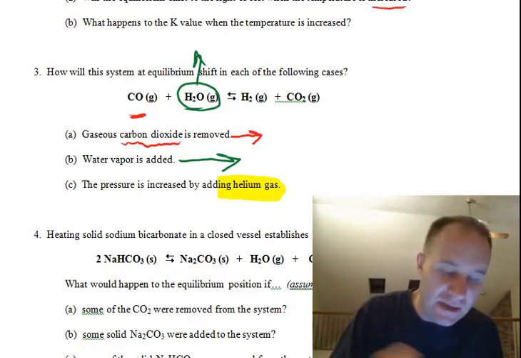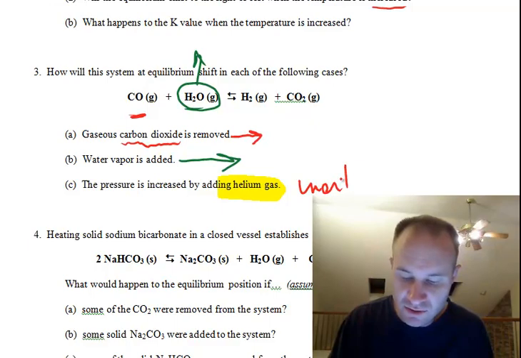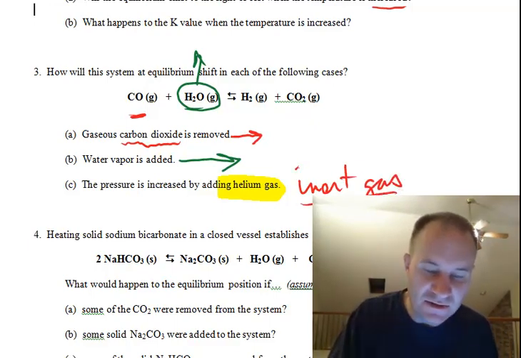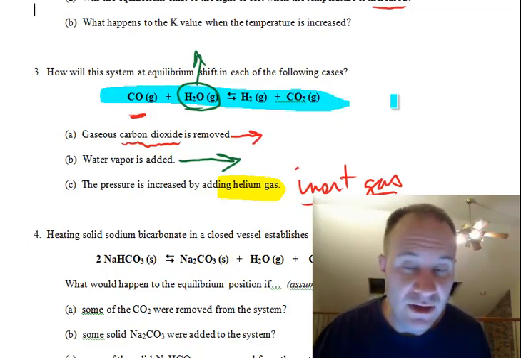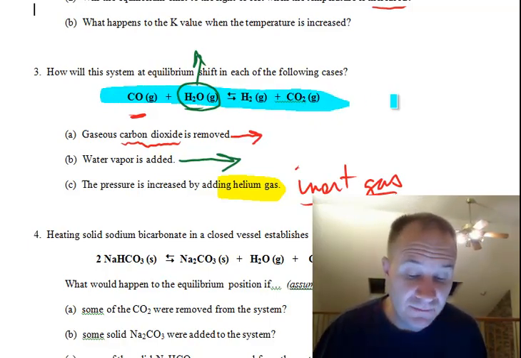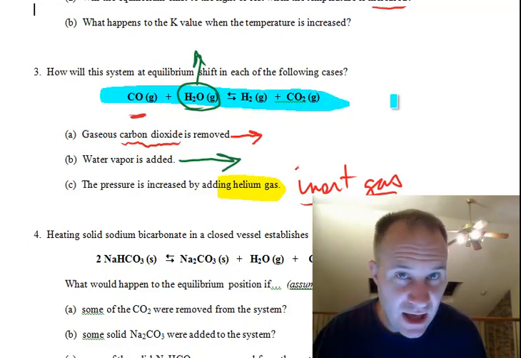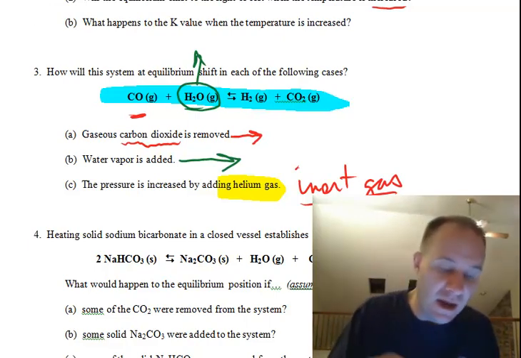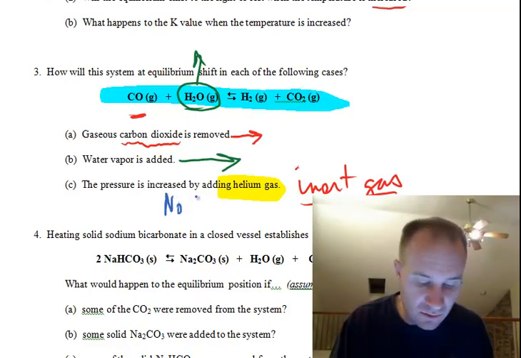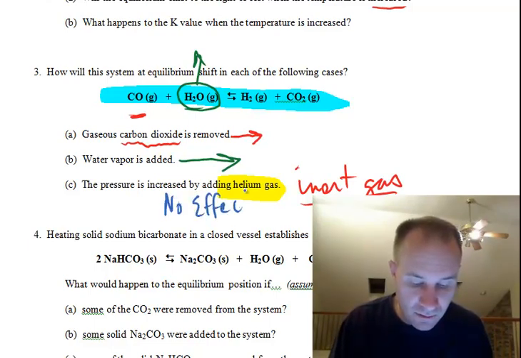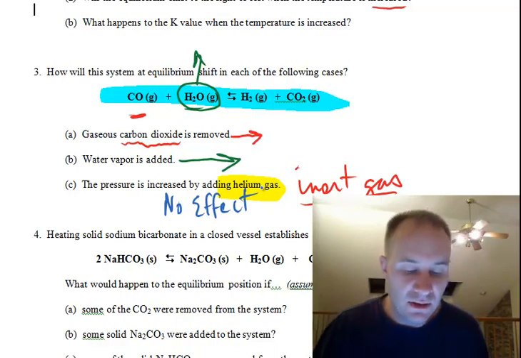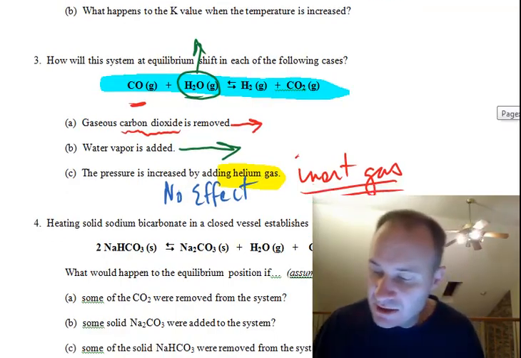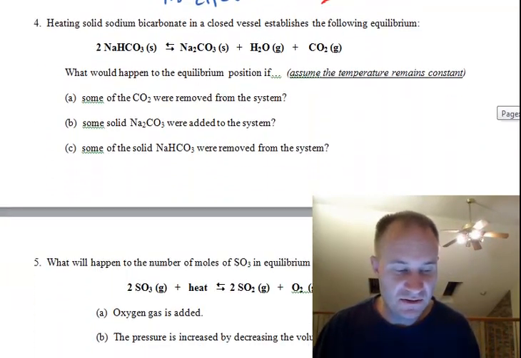That qualifies as an inert gas, and I notice that it is not listed up here in the equation at all. Helium is He, okay? He gas is not a reactant, nor is it a product, therefore it would not have any effect. No effect. Okay? So hopefully that gives you an idea as to how to look at each of these things.